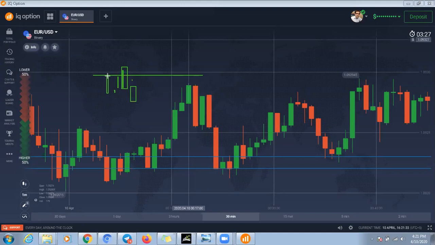But on the same level, if the wick touches and is strongly rejected, it means this is a strong level. Then don't wait for the gap to be filled by buyers. No, it will go down, because right on this level it rejected. It means there is pressure from the other side. That's why this candlestick goes down.